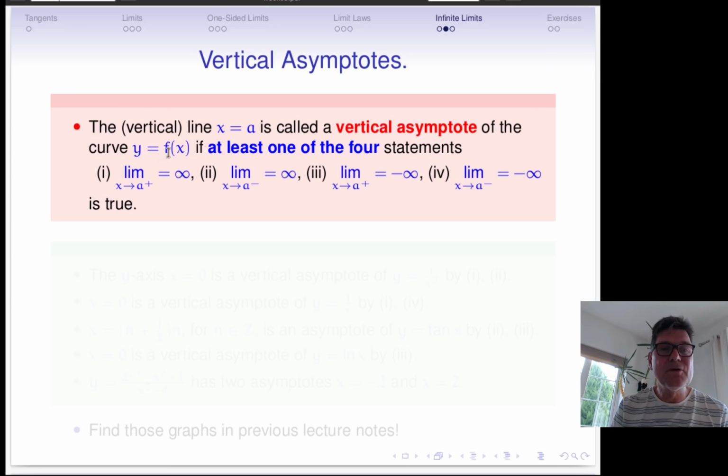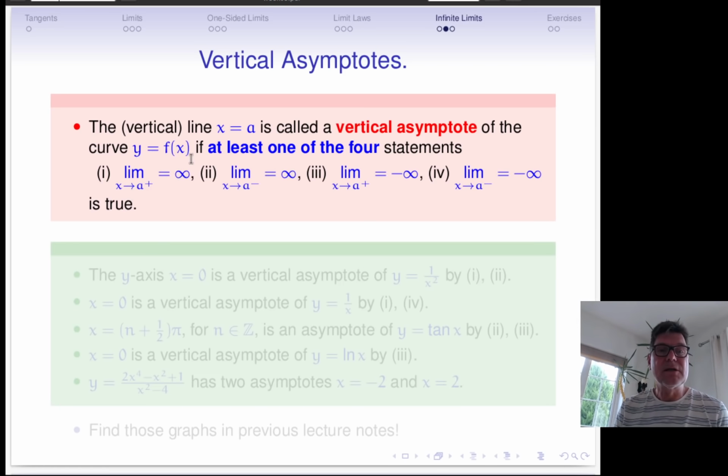So if the limit of f of x, one-sided or two-sided, is either plus or minus infinity, we call this vertical line a vertical asymptote.